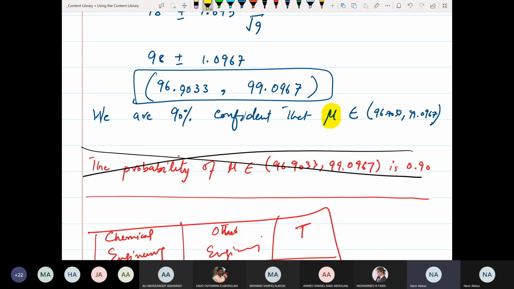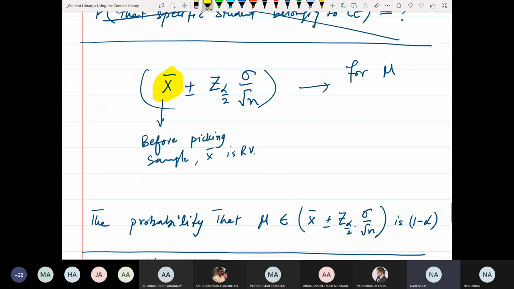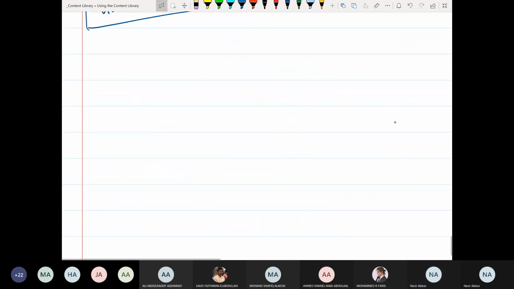I'm going to write the formula of confidence interval on your screens. The Z table is attached at the top as a PDF. When you open the participation, you'll see the Z table at the top.